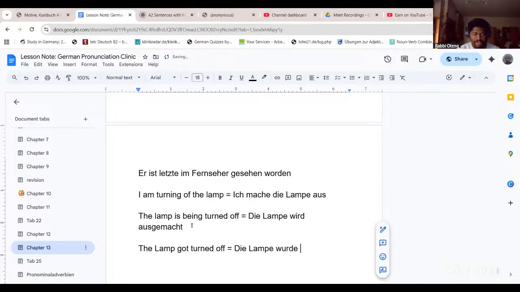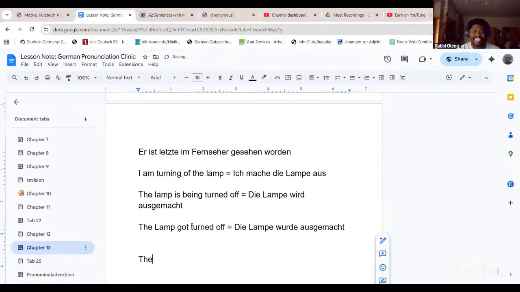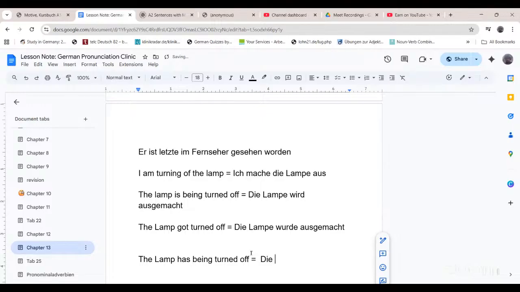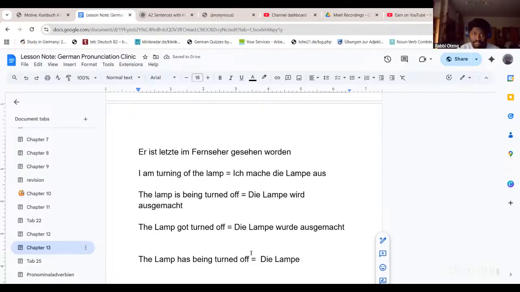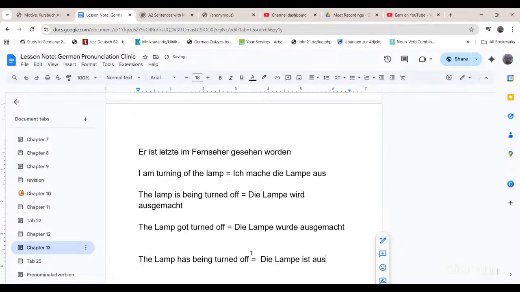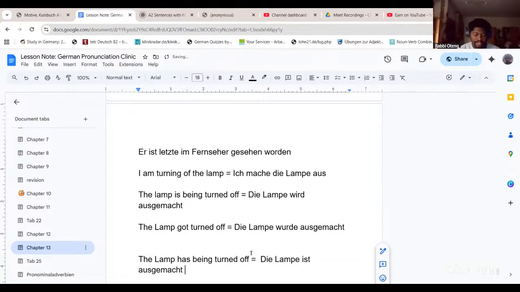Okay, I want to say the lamp has been turned off. "Die Lampe ist ausgemacht worden." Ja, "ausgemacht worden."